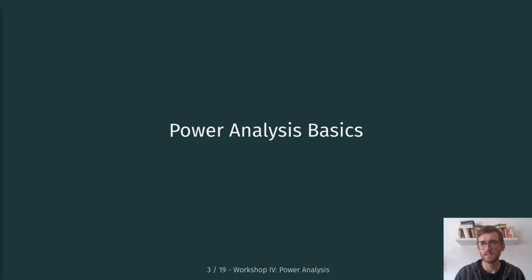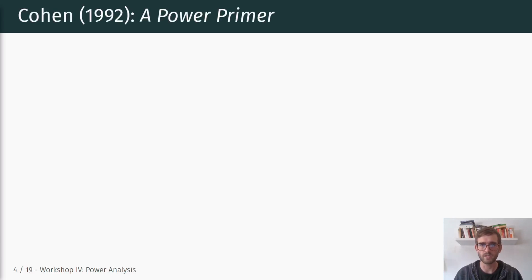Okay. So the first paper that is assigned for this week is Cohen 1992, a power primer, which is basically a traditional, conventional overview of power analysis, the way it is done in psychology and in social sciences in general. And it's a useful first introduction because it provides some intuition for some underlying questions.